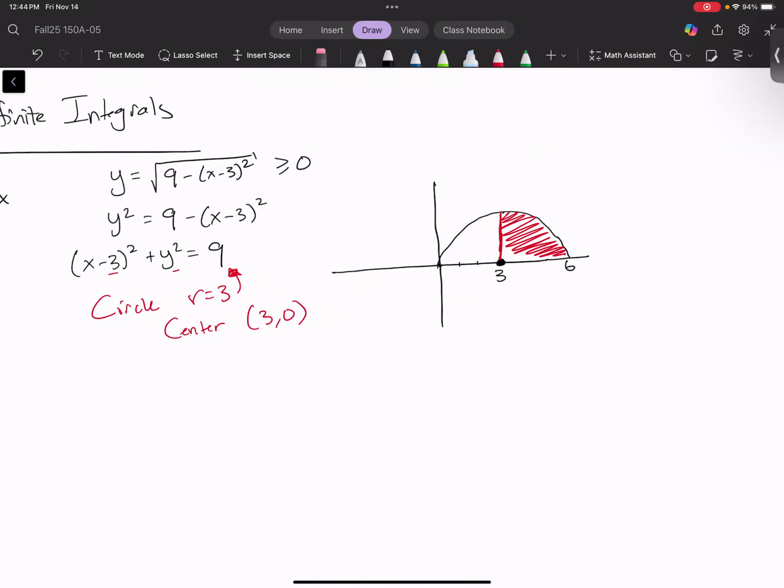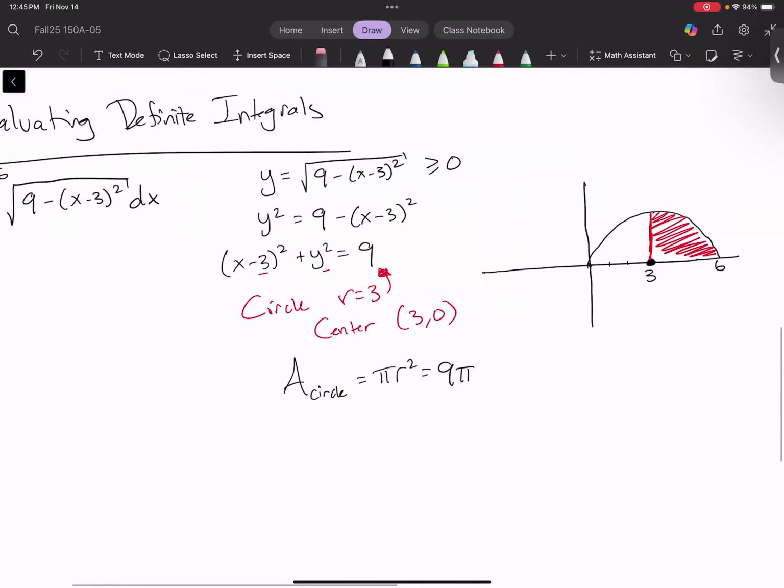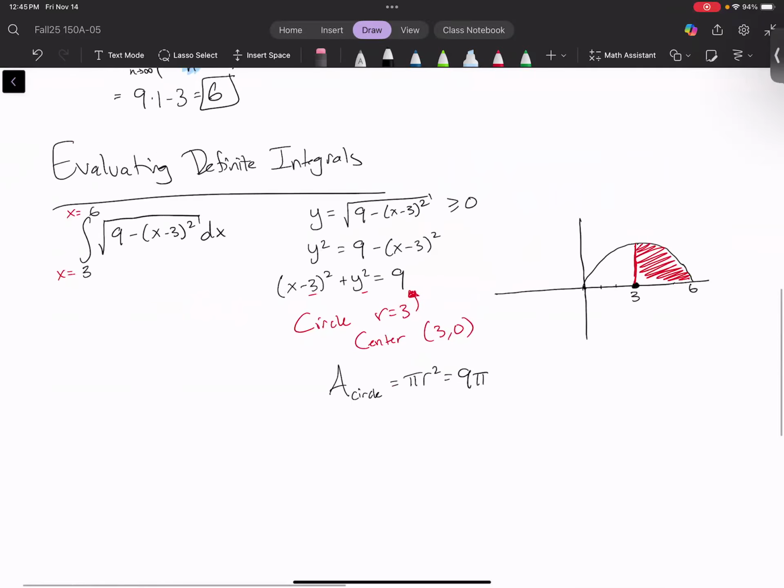This is a circle, so the area of the circle is pi r squared. The radius is 3, so this is 9 pi. However, the integral we care about is not the area of the circle, it's the area of just that shaded region, which is a quarter of the circle. So this definite integral is actually going to be 9 pi divided by 4, a quarter of the area of the circle.